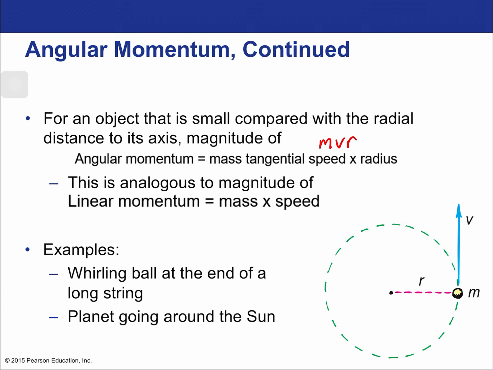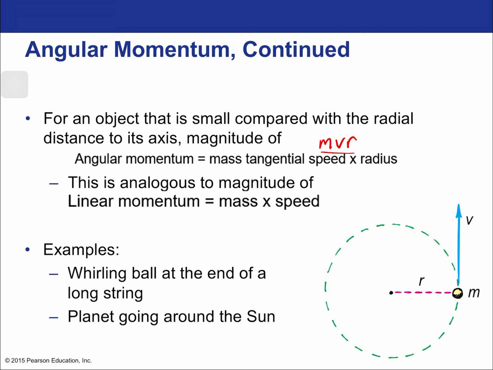Okay? Now this applies really nicely to things that don't have a big mass distribution. So if we wanted the angular momentum of a disk or a sphere, we could not use mvr. But for our pendulum or ring or hoop, it would work quite well to use mvr. All right? So we have to be careful about what our shape is.